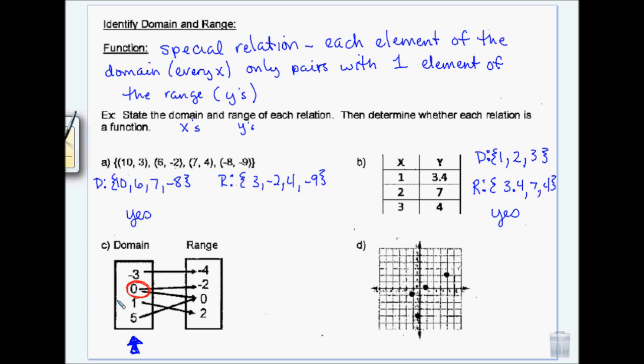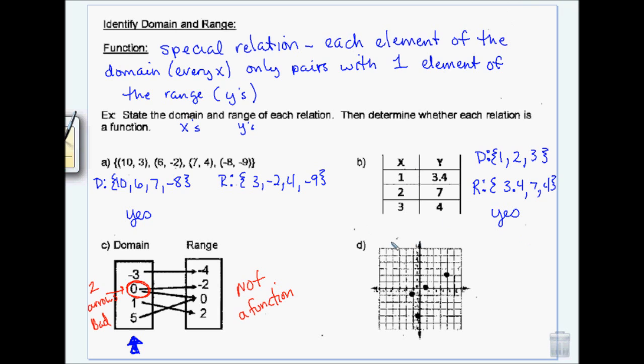This has two arrows. Okay, this is bad. So this is not a function. Okay, you just look down the domain, and as long as everything only has one arrow, you're good. It's a function. As soon as you see two arrows, it's not a function anymore.